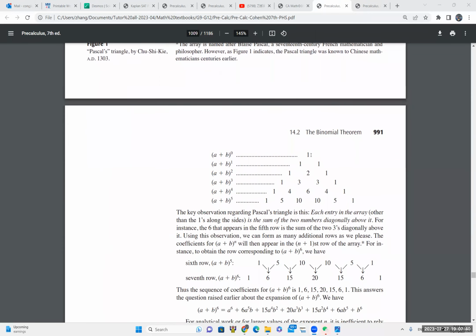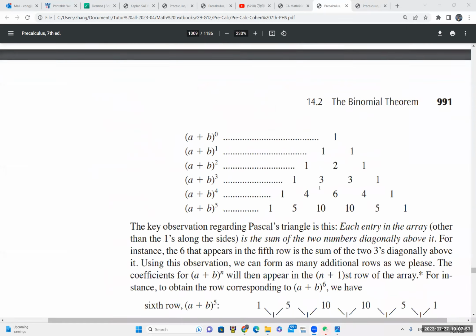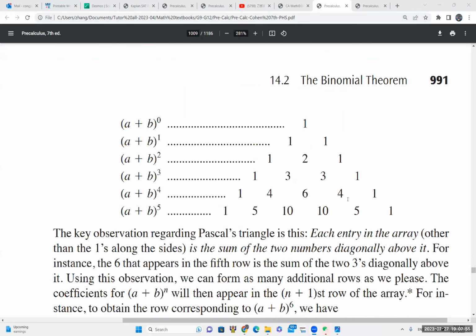So you can use the coefficients to make a triangle, right? Which also helps you to remember these coefficients.